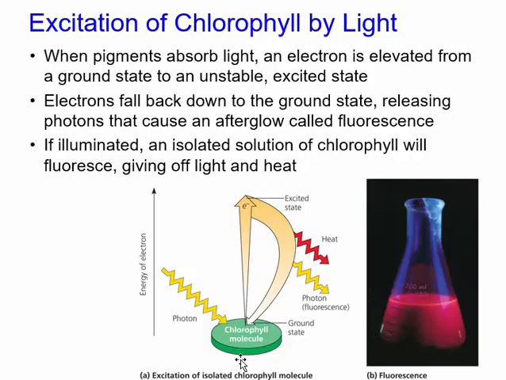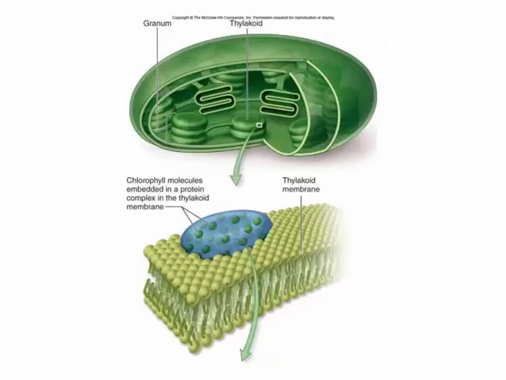And so this is the basics of what's happening here. We're boosting up electrons to a higher energy state. Just in a tube, they'll just go back down, produce heat and light. But life can capture the energy of these high energy electrons and make them do work, just like we saw in cell respiration.